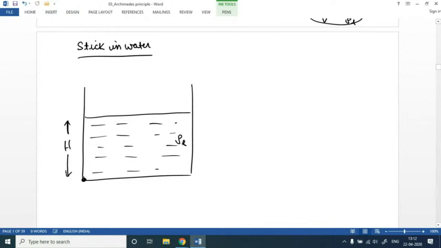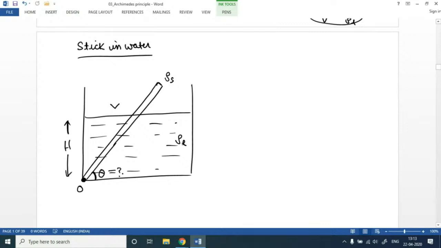And there is a stick of uniform cross section and length L hinged at this point over here. Let's say this point is O. This is the equilibrium orientation of the stick, and at this orientation it is making an angle theta with the horizontal. Let's say the density of the stick is rho s. We wish to find out the value of theta, which is unknown.